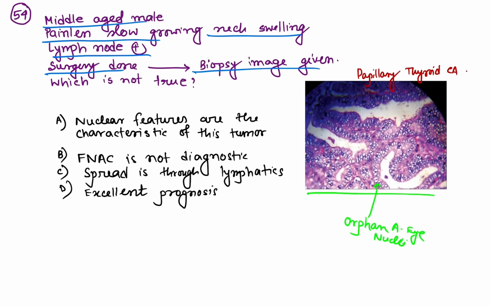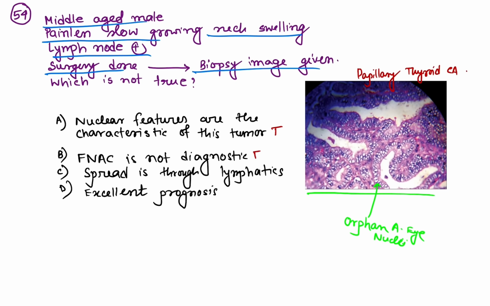So let's now go for the options. Which one is not true about this pathology, papillary thyroid cancer? First of all, nuclear features are the characteristic of this tumor. Obviously this is true, because nuclear features, Orphan Annie nuclei, are the most specific and characteristic features of this tumor. FNAC is not diagnostic.